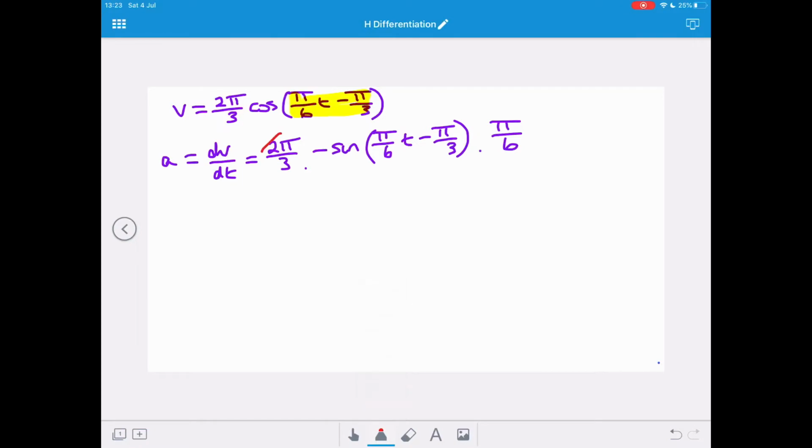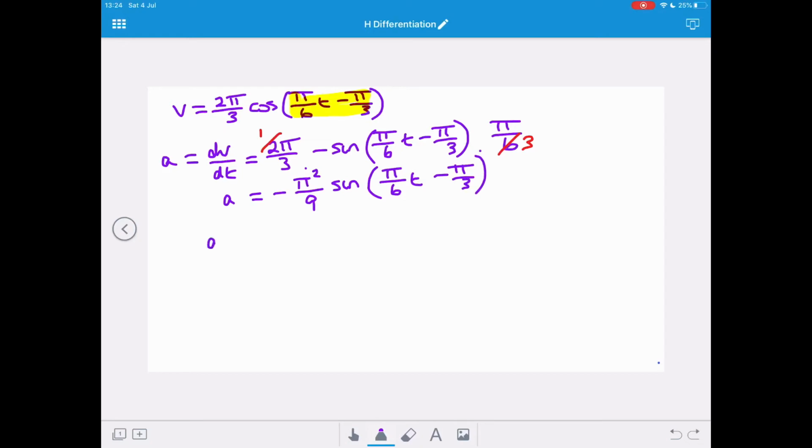There's a common 2 in our numerator and denominator, so we can simplify that down, and then we need to multiply out in order to get our expression for our acceleration. So a is going to equal negative pi squared over 9 multiplied by the sine of pi over 6t minus pi over 3.